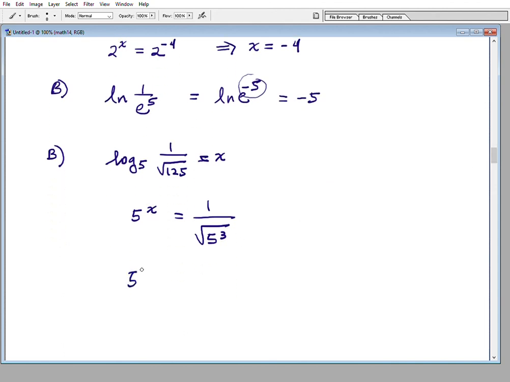Okay, so 5 to the x is equal to 1 over 5 to the 3/2. That's if we write the square root as exponent 1/2 and then multiply the 3 times the 1/2. So we have this, and now just bring that up. That's 5 to the minus 3/2. Okay, so now we can just match the exponents. So x is equal to minus 3/2.